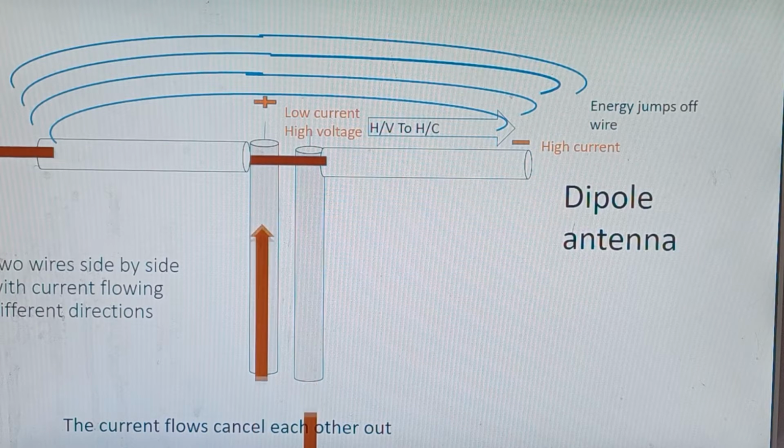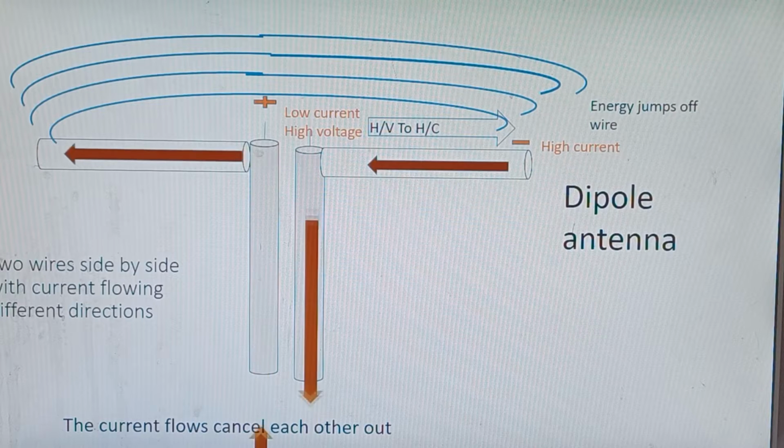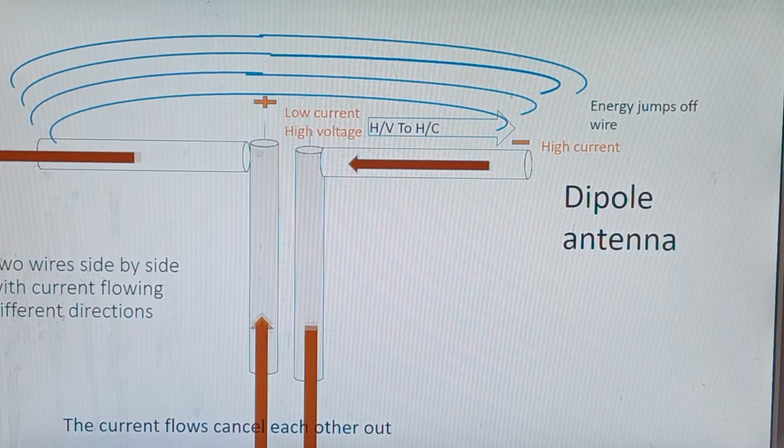And again, I'm not going to explain everything that's going on here right now because it's a little bit more in depth than I want to get into tonight. But tonight I just want to give the basics. So this essentially is the energy going through the antenna coax and coming into the antenna.